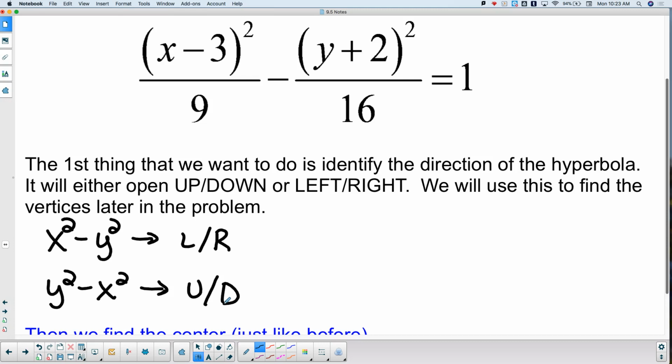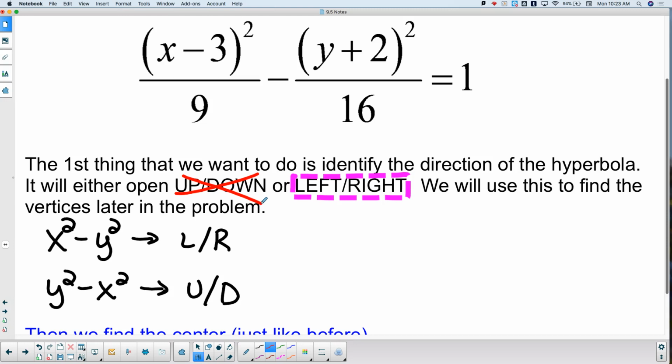So before we even start looking at this formula, which way does this one open? Left-right. So this is a left-right opening, not an up-down opening. Mentally in my brain, we have to do that.